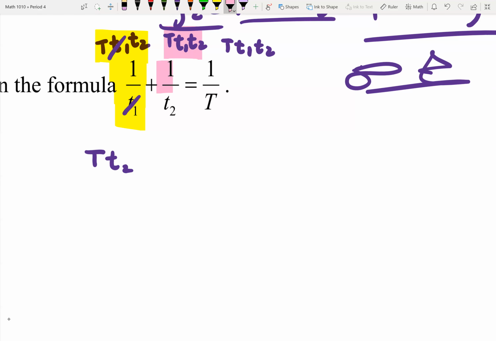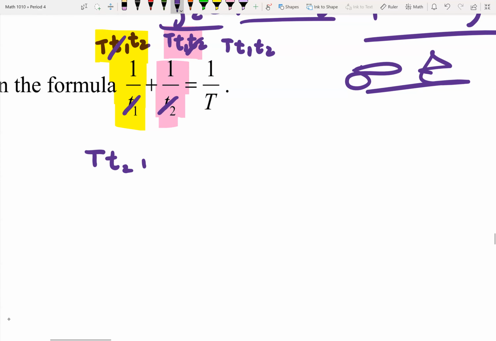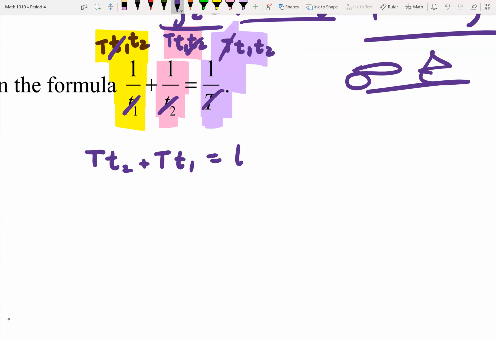In this one, the T sub 2 cancels, and what I have left is a capital T times T sub 1. On the third fraction, the capital T cancels, and so what I have left is T sub 1 times T sub 2.